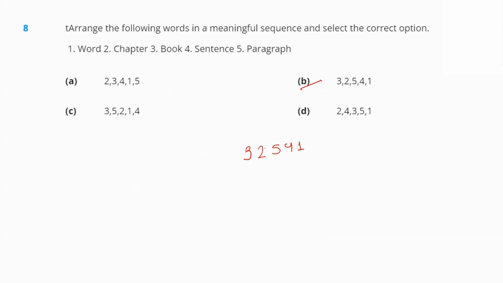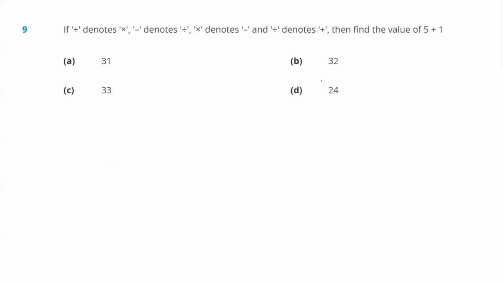Moving on to the next question. If plus denotes multiply, minus denotes divide, multiply denotes minus, and divide denotes plus, then find the value of 5 plus 14 minus 2 multiplied by 3. So first we'll write it here: 5 plus 14 minus 2 multiplied by 3.